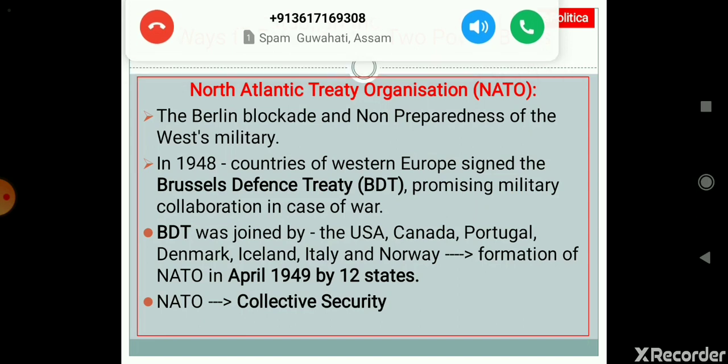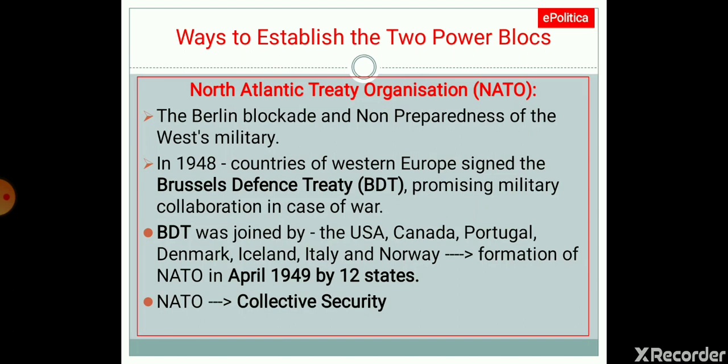Collective security is considered as a means by which some countries can come together and form a union where an attack on any member is considered an attack on the whole, and they will come forward to support the member countries. So it is a collective or cooperative military defense arrangement made under the banner of NATO.